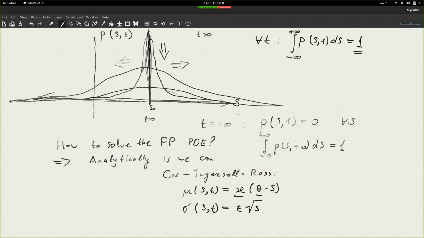In this case, you can obtain the analytical solution as well. In most other cases, you can't. So the general way of solving the Fokker-Planck PDE is a numerical solution. And the third way is a method which is, let's say, solve it asymptotically.